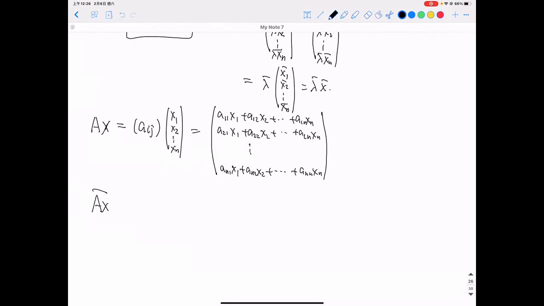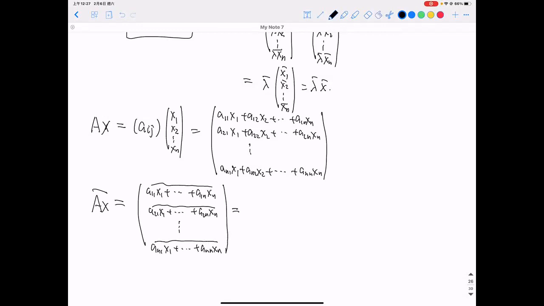So Ax bar is just this same thing, but bar everything. a11 x1 bar plus a1n xn bar, a21 x1 bar plus a2n xn bar, an1 x1 bar plus ann xn bar.